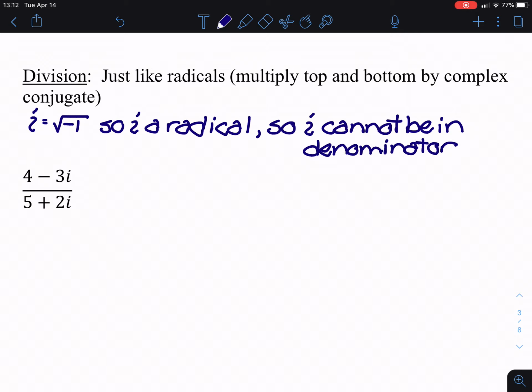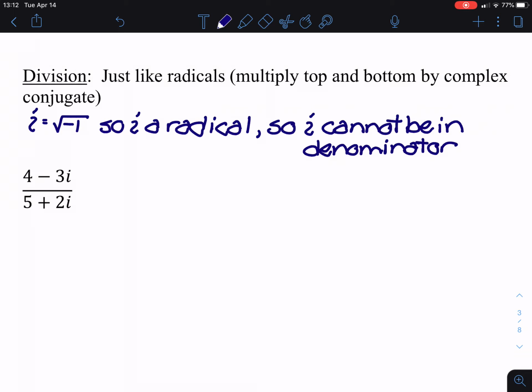So how are we going to get rid of it if we have a situation like we have here, with a fraction that has a complex number in the numerator and a complex number in the denominator? The key is, this is where the complex conjugate is going to come into play.